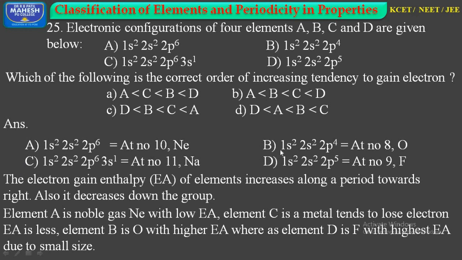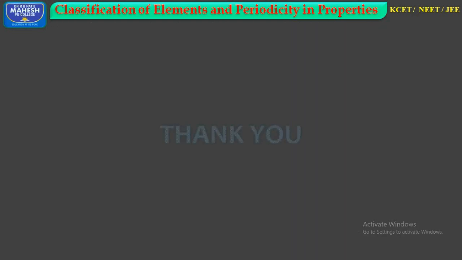Element B, which is oxygen, has a higher electron affinity, whereas element D, that is fluorine, has the highest of all the 4 electron affinity values because of its small size. Thus, the correct order of electron affinity is element A, C, B, D in the increasing order. So option A is the right answer. Thank you, students.